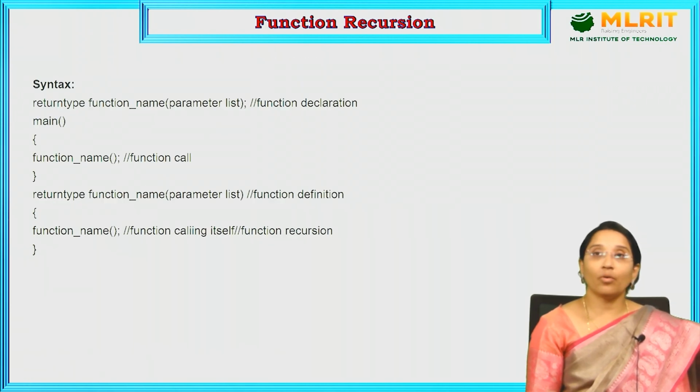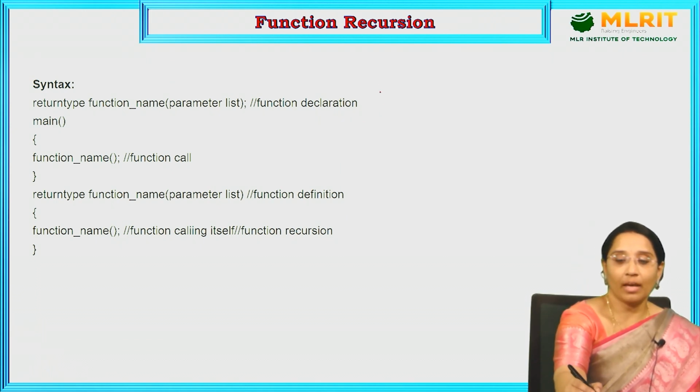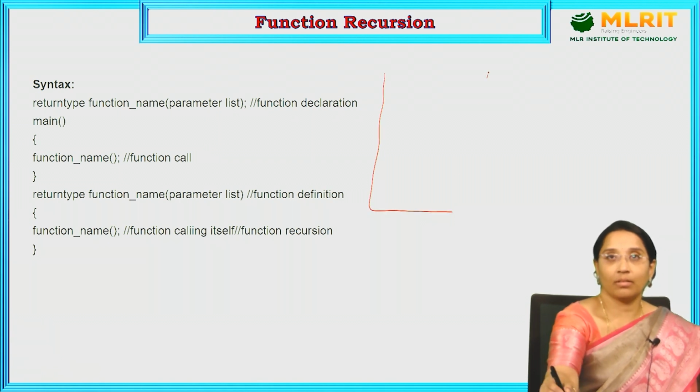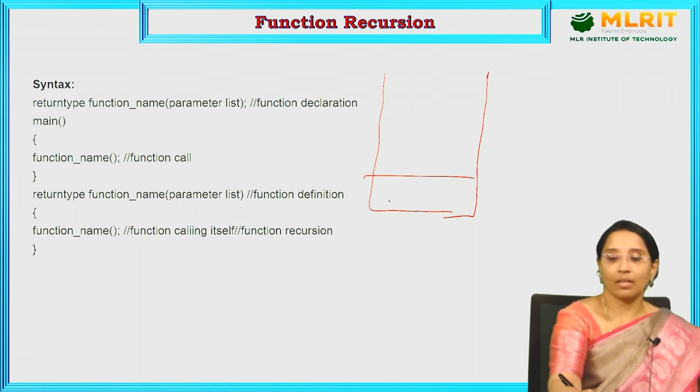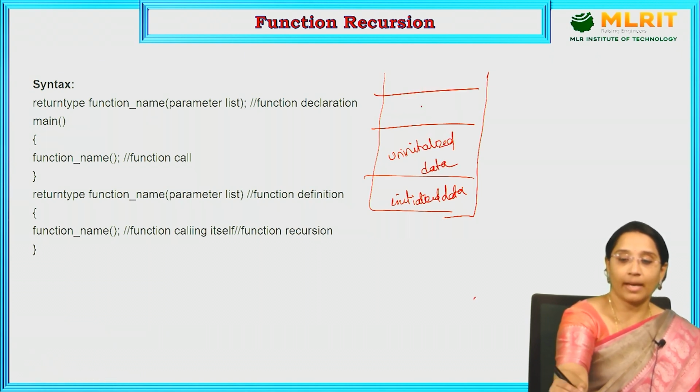And all the local variables take their memory from the stack. So what is a stack? We have the memory fragment like this: initialized data, uninitialized data, stack and heap.